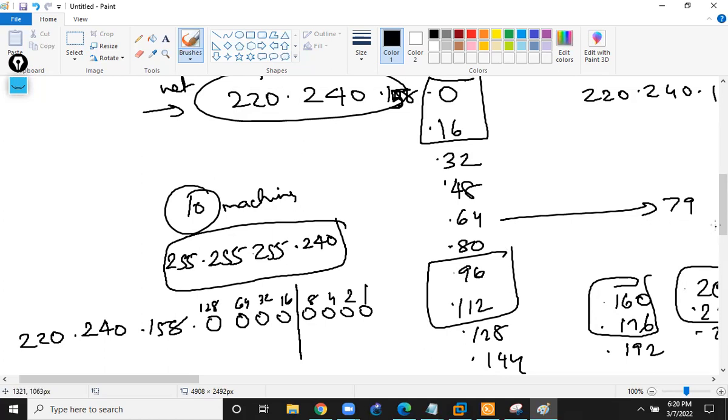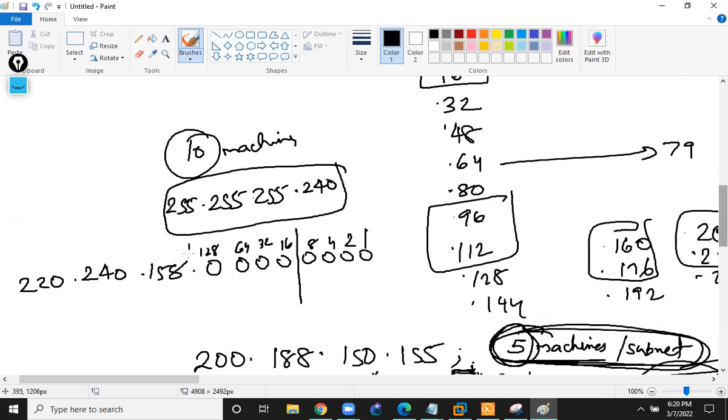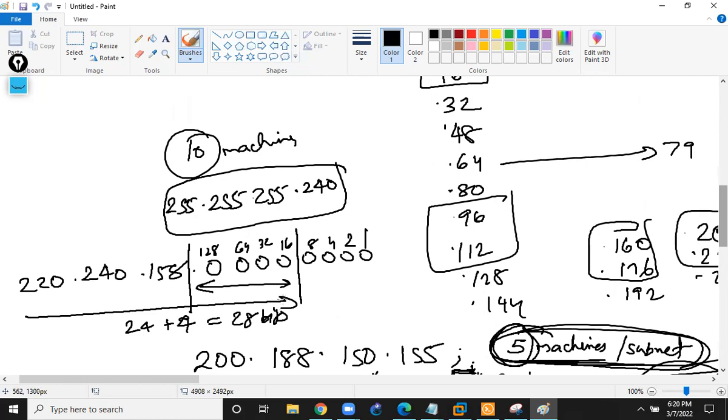So up to here we had the network portion, and these 4 bits are the subnet portion. That means we have just added 4 more bits to the network.